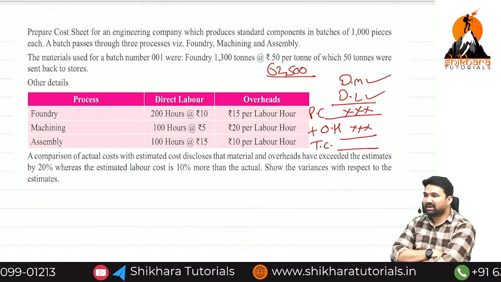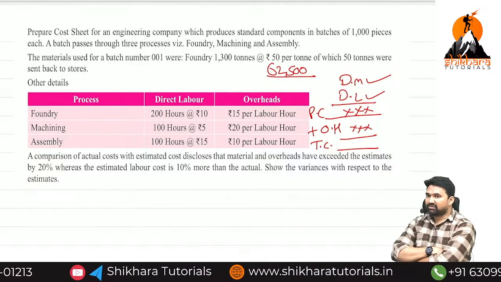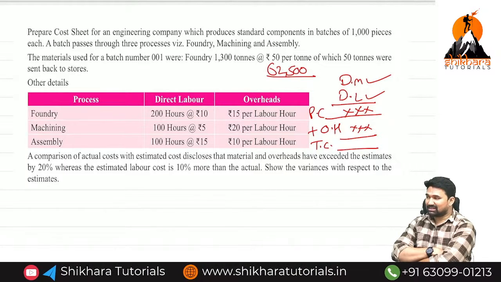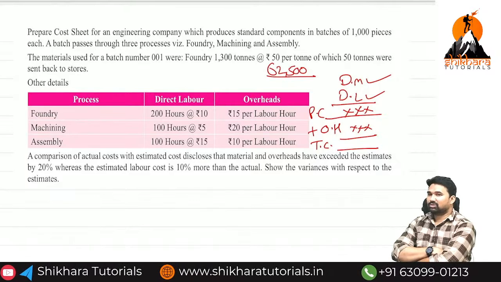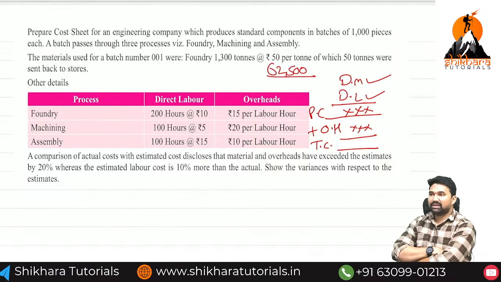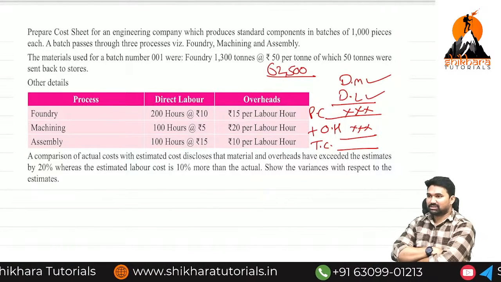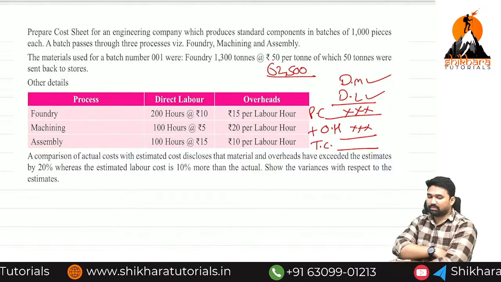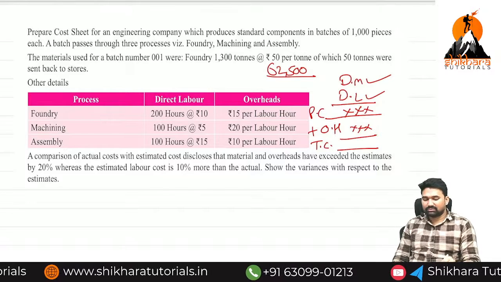He will give the estimate. It means the team is probably going to score about 200, but there is a chance of variation. Estimates are like that only. Estimates mean imagination, expectation.